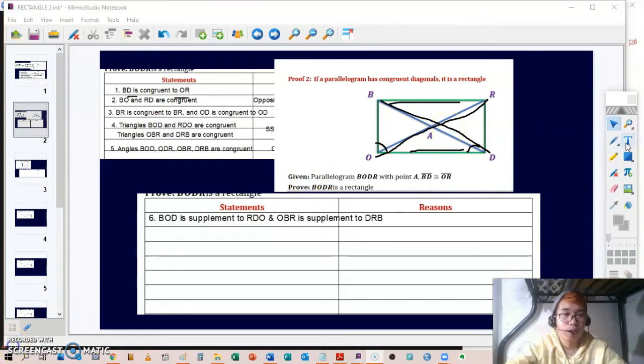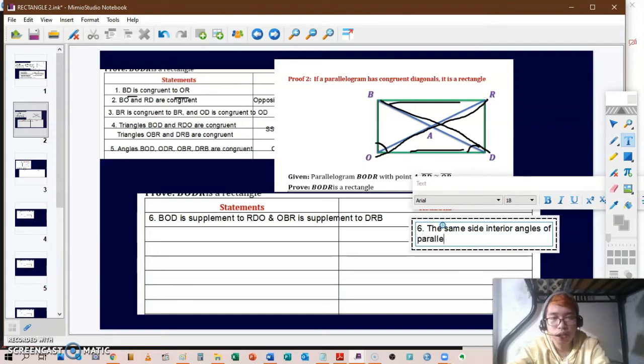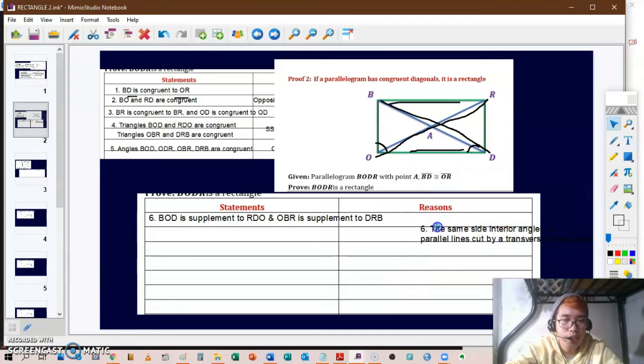So we can say that BOD is a supplement to RDO and OBR is a supplement to DRB, using the reason: the same side interior angles of parallel lines cut by a transversal are supplementary. That can be our reason for number 6.